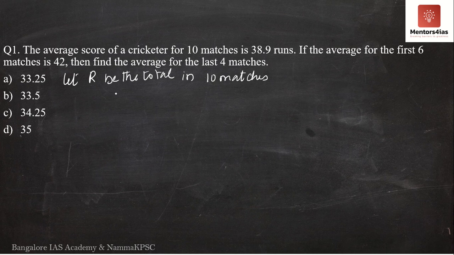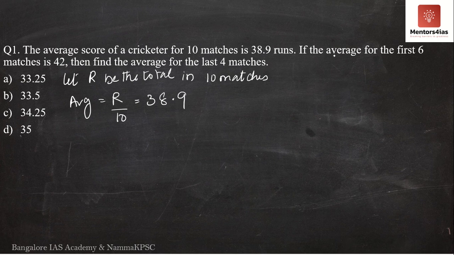If that is the case, then what is the average of the cricketer per match? This is nothing but R by 10, where the question already mentions that the average score of the cricketer for 10 matches is 38.9 runs. Therefore, R by 10 is equal to 38.9.